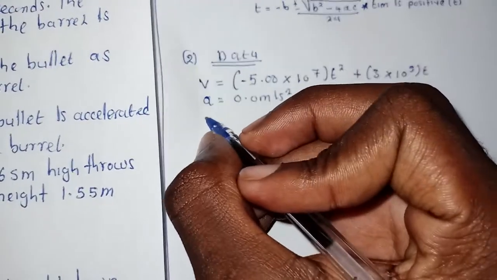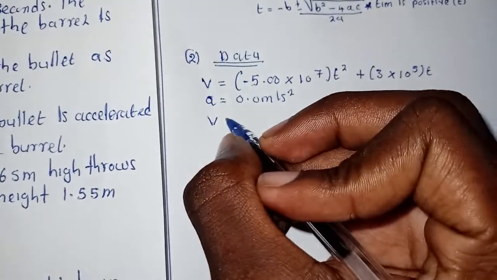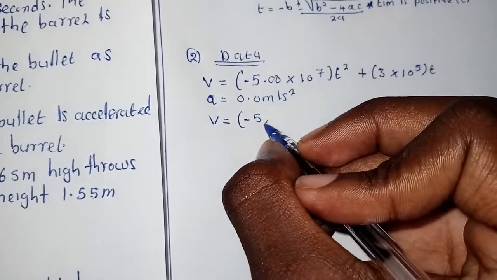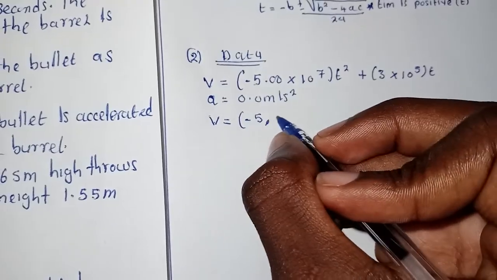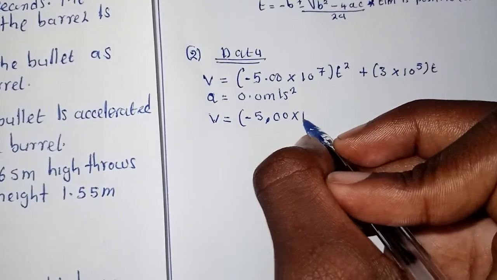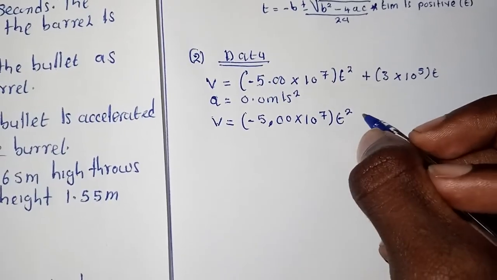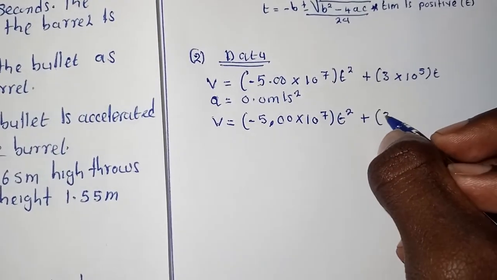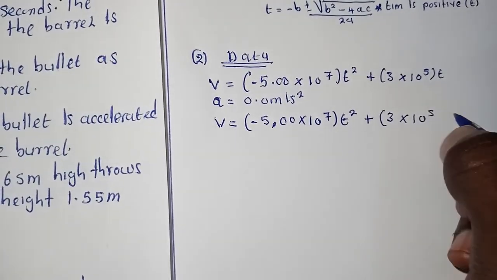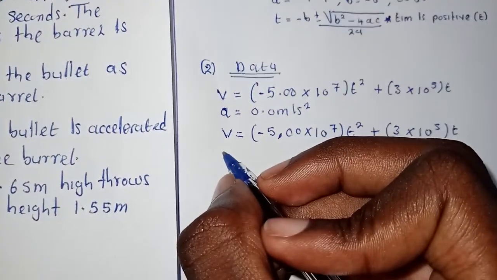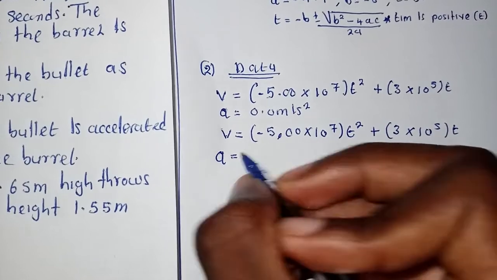We have v is equal to negative 5.0 multiplied by 10 to the power 7 t squared plus 3 multiplied by 10 to the power 5 t. Let's find this as a function of acceleration.